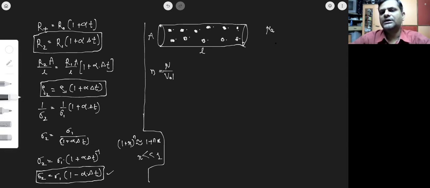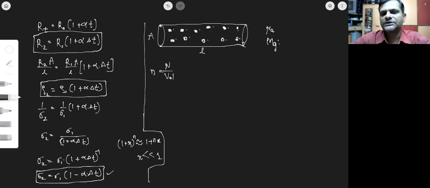But as compared to this, if we consider magnesium in place of sodium here, we already know it has 2 free electrons per atom. So if all these atoms are magnesium, then per atom 2 free electrons will be obtained here.